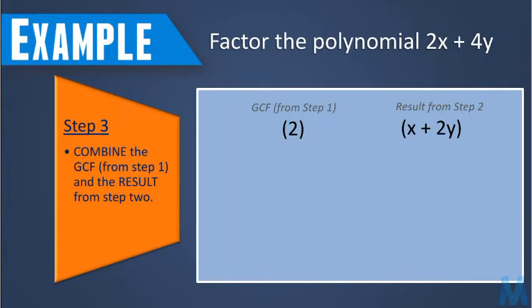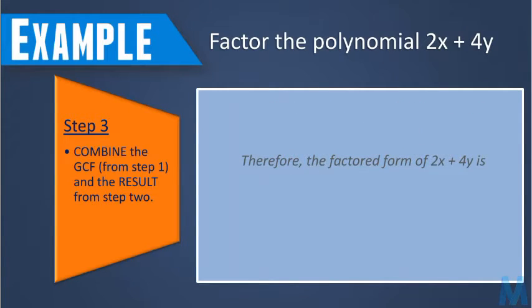Okay? So the GCF from step 1 is 2 and the result from step 2 is x plus 2y. So i-combine tala na siya guys. And then the factored form therefore of 2x plus 4y is 2 times x plus 2y.